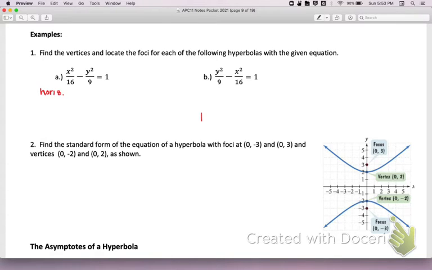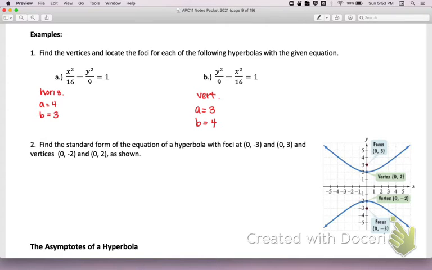I also know that a is equal to 4 and b is equal to 3. Remember, that's because of the order, not the size. For example B, this one is going to be vertical because y squared comes first, and a is equal to 3 and b is equal to 4. It's okay that a is smaller because it's the order that matters, not the size.